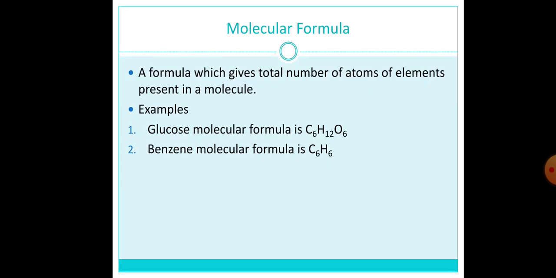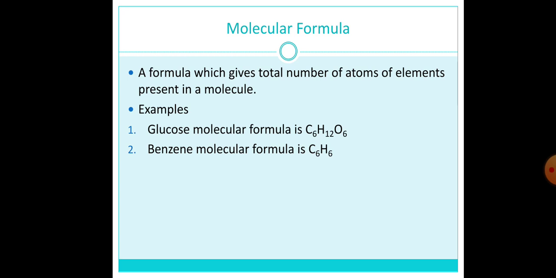What is molecular formula? A formula which gives the total number of atoms of any element which are present in a molecule. A formula which gives the exact number of atoms of elements which are a part of a molecule.